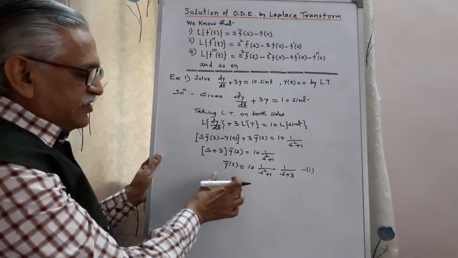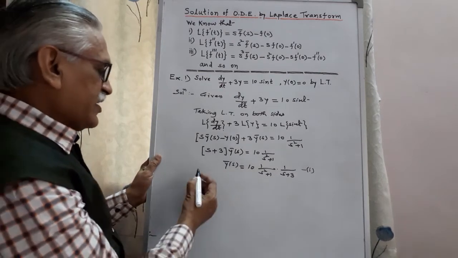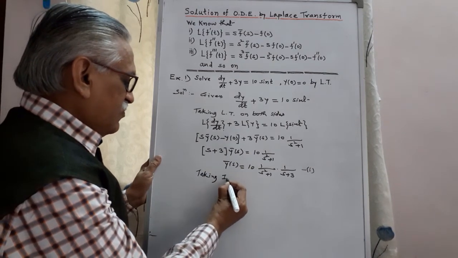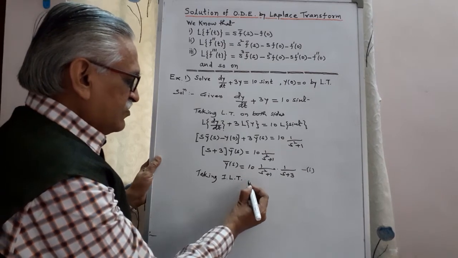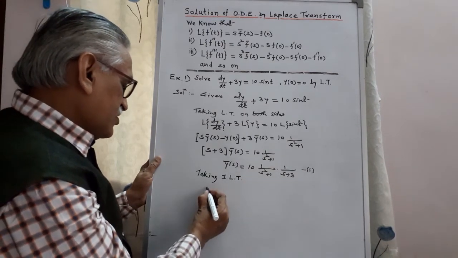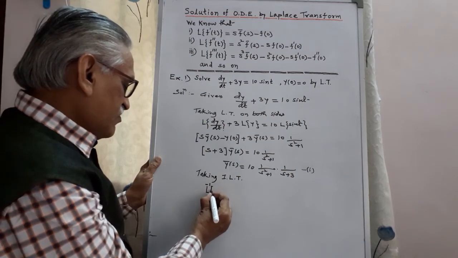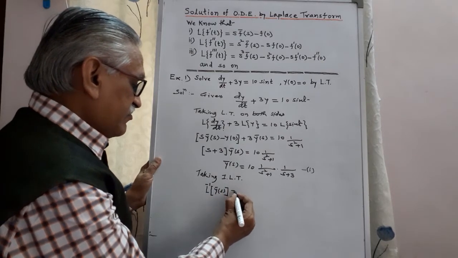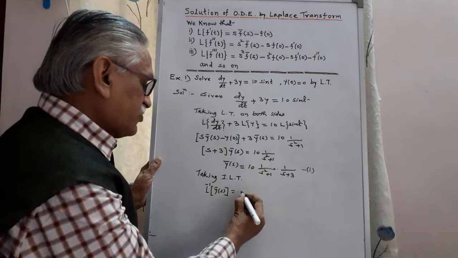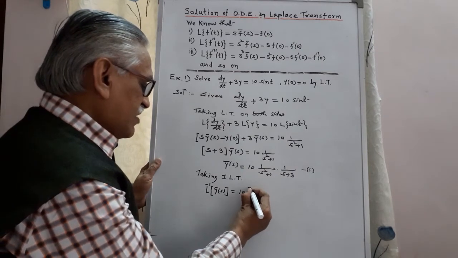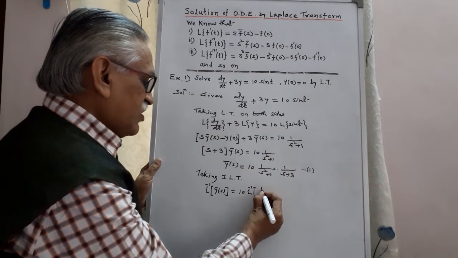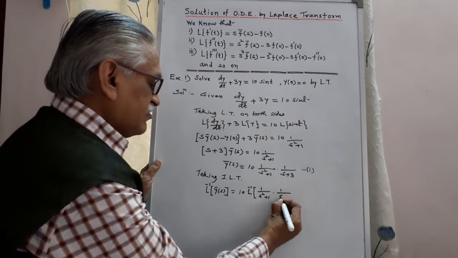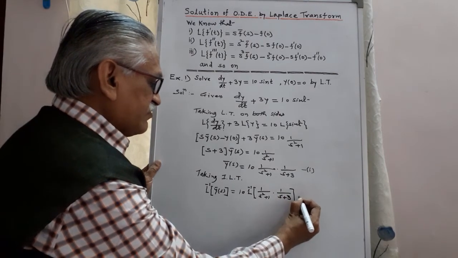Then in the second part we take inverse on both sides, therefore taking inverse Laplace transform on both sides, inverse Laplace of y bar of s is, 10 is a constant term outside, inverse Laplace of 1 upon s square plus 1 into 1 upon s plus 3.